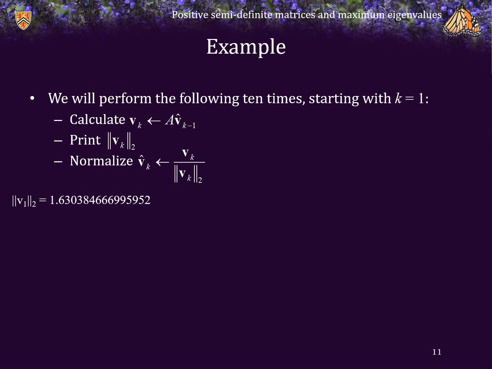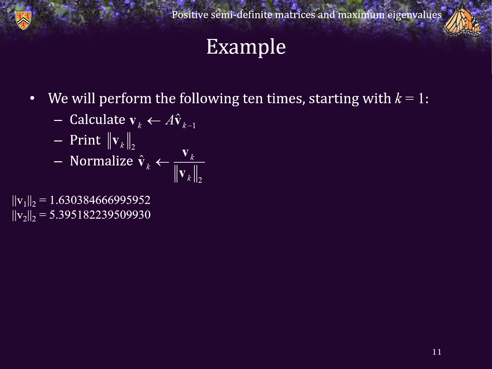And you will notice that 1.63 is not very close to the largest eigenvalue of 6.18 and change. However, we're now going to normalize v1 and then apply the matrix to that new normalized vector. Now, the matrix applied to that new normalized vector stretches it by a factor of 5.4 and change.